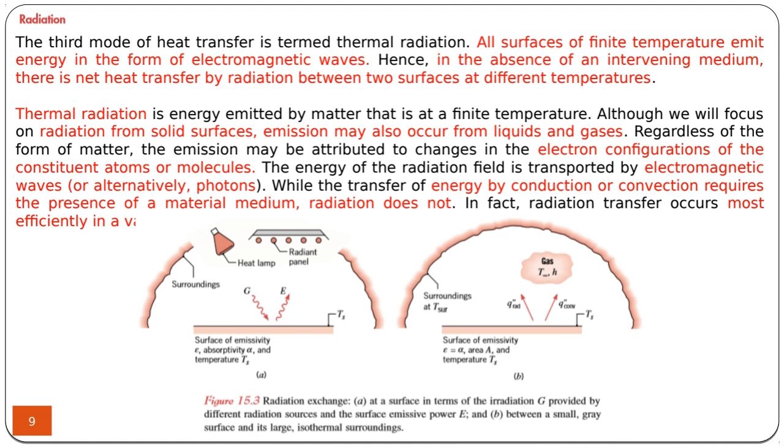In convection, we also need a medium, actually two media. One medium is solid, the other medium is fluid. But in radiation, it's not necessary to have a medium. Actually, if there is a medium, the amount of radiation becomes less. So it's maximum in vacuum or in space.